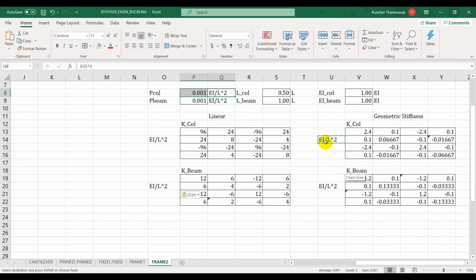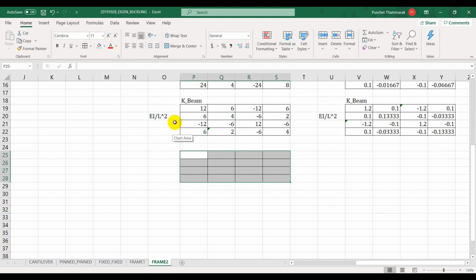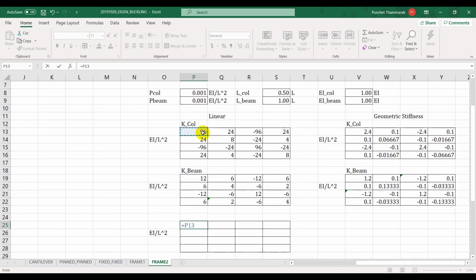So we substitute the P into this side here. So we multiply the whole thing to this matrix. It is P over L. I push the L inside, and then the L, we have the parameter that scale the L coming inside the matrix on the right hand side already. So finally, you can come up with the final stiffness matrix that incorporate the linear term and the geometric nonlinearity terms.